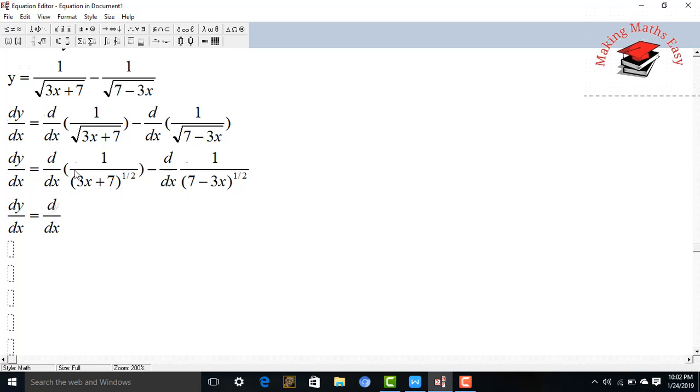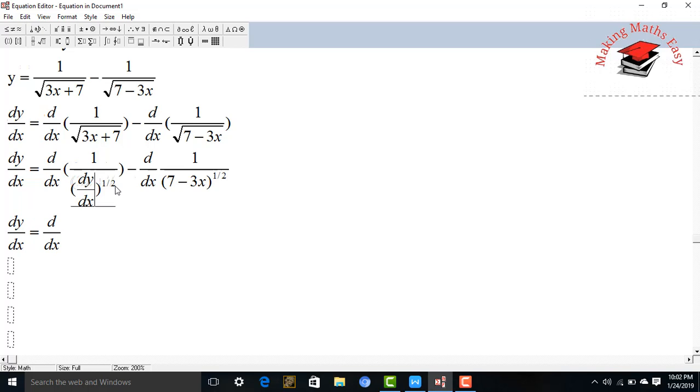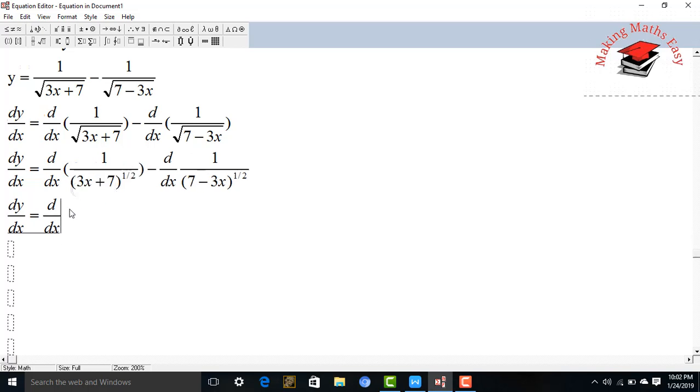So if I bring this 3x plus 7 into the numerator, it will become negative. So 3x plus 7 raised to 1 by 2, and the power of this function will be equal to minus 1 divided by 2, and I will close the bracket, and it will be divided by 1.